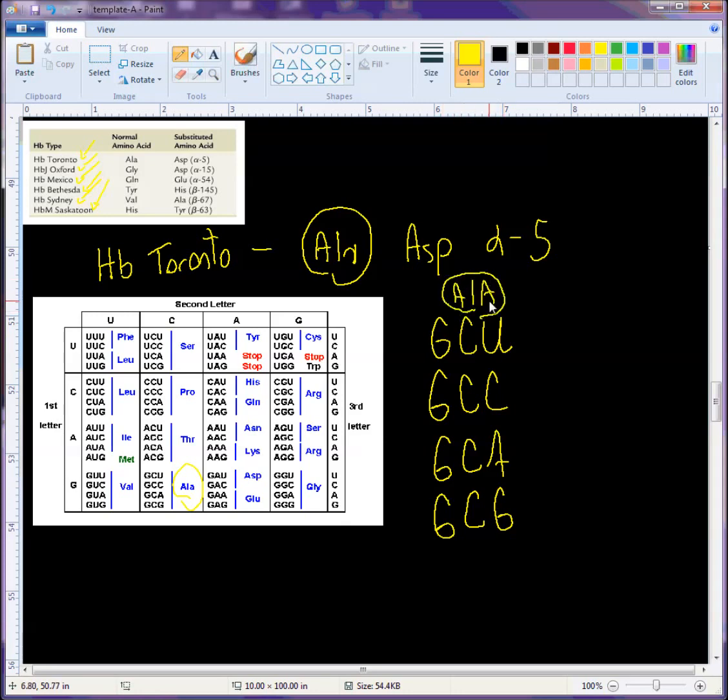Now, for some reason, this person has aspartic acid at this location in the protein. So let's see what their possible codons are for aspartic acid. We have GAU right here and GAC. Are there any others anywhere?